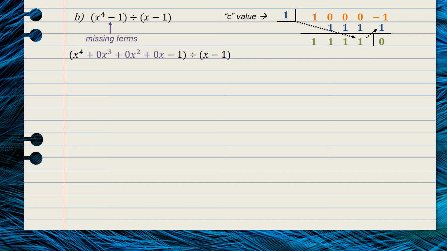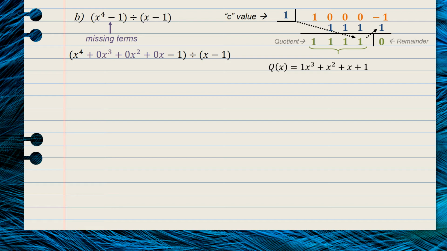Now remember, the last number is separated, and the last number represents what? Well, it represents the remainder, and all the other values represent the quotient. Now the quotient can be rewritten as 1 degree less than the original problem. So the original started with x to the 4th, so our quotient will be 1x cubed plus x squared plus x plus 1.